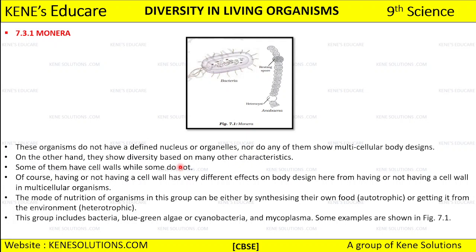So the mode of nutrition of the organisms in this group can either be synthesizing their own food, that is they are autotrophic like plants, or they get it from the environment, that is they are heterotrophic.